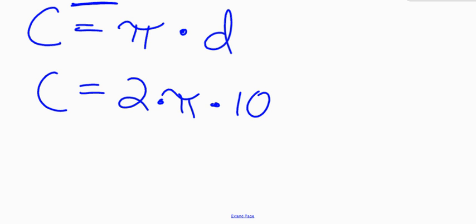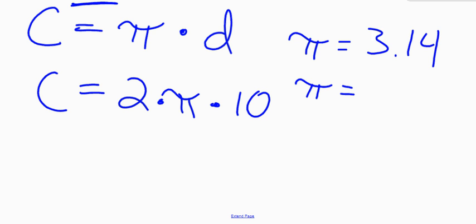Right? Okay, with that in mind, now we need to look at the idea of pi. Pi, as you've learned to know it, is 3.14, which is a great estimate of that number. And some people would say, well, 3.14 is not a very good number to use.